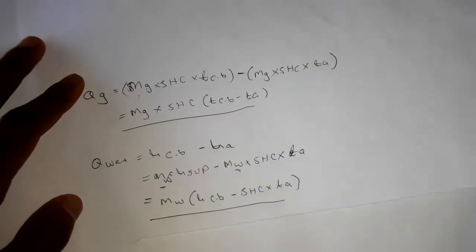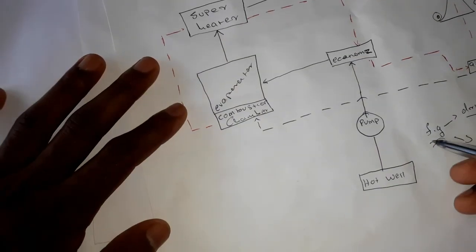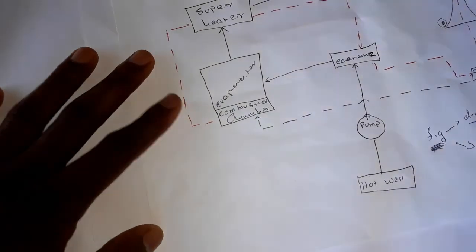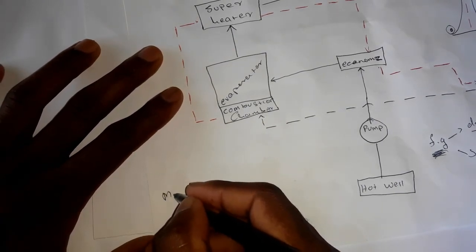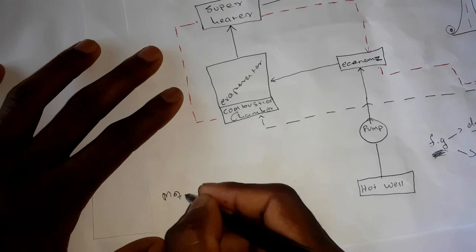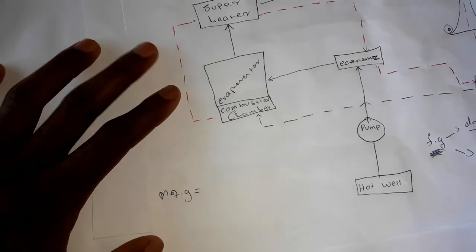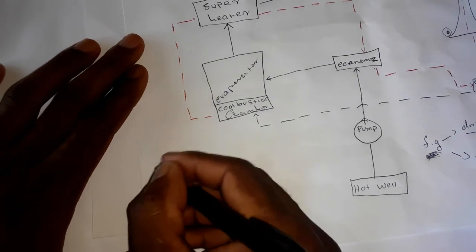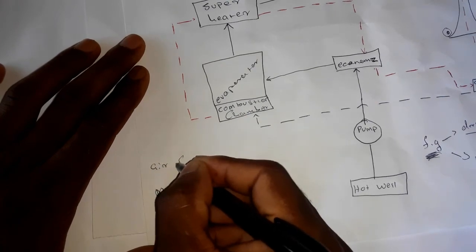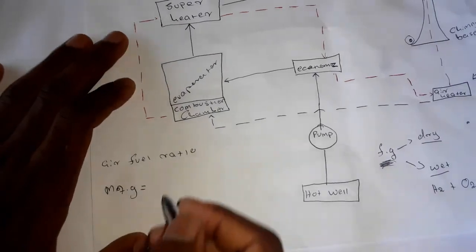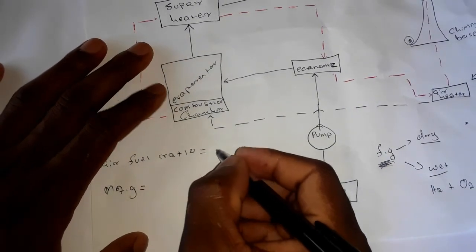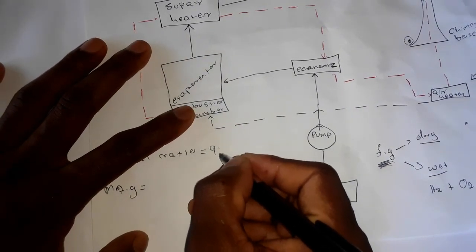And then coming back to the fuel gases, the total mass of the fuel gases, we are going to get using the air fuel ratio. Let's say in this case, they tell us that it is 9:1.